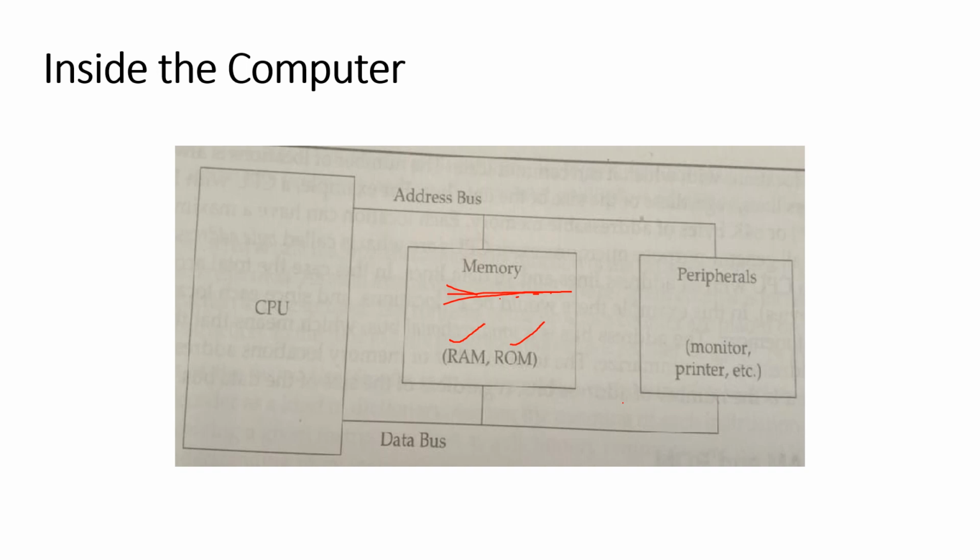Soon after the processor fetches the information, it tries to execute and send it to the peripheral device or the output device. Here the peripherals comprise input-output devices, say the monitor, keyboard, printers, etc. Now, how will the data be sent to these devices?